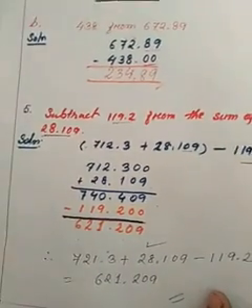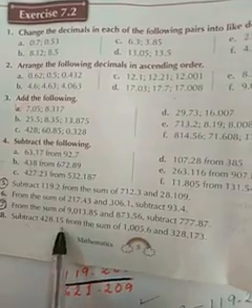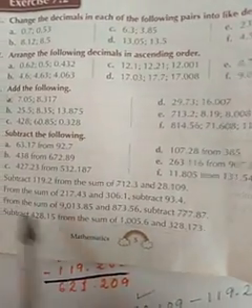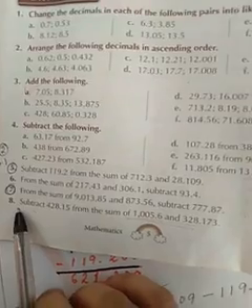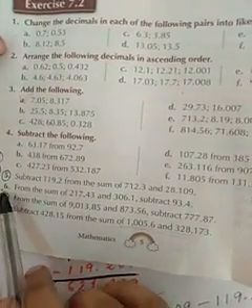Now in the same way you can see in your book that number 5 and number 8 are similar. Subtract this from the sum of this. So number 8 can be solved by you. Okay, now I am going to show you from numbers 6 and 7.